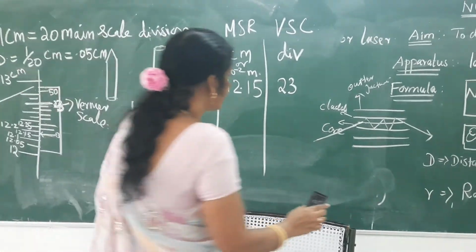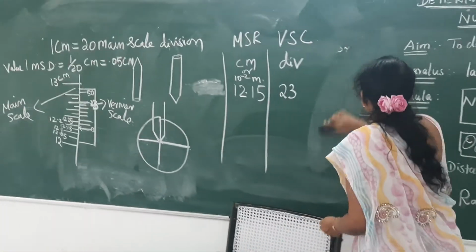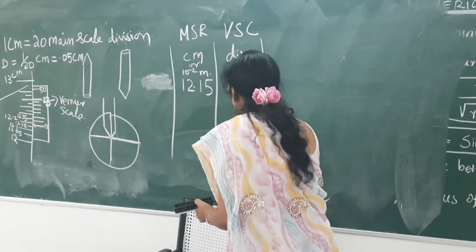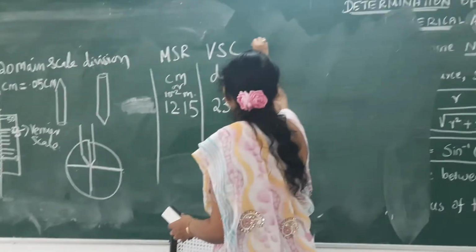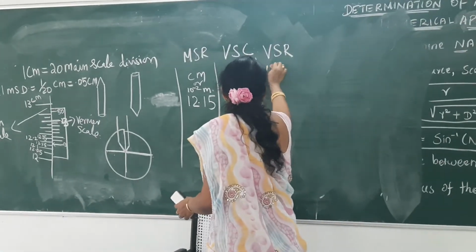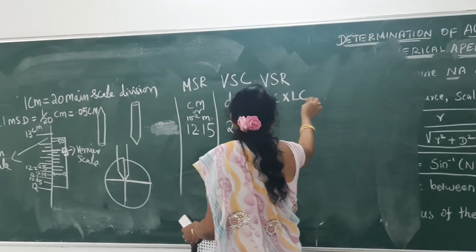Now next is Vernier scale reading. So main scale reading, Vernier scale coincidence. Now the Vernier scale reading is nothing but the Vernier scale coincidence into least count.